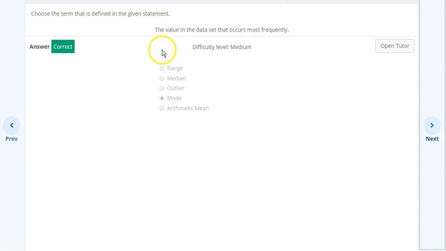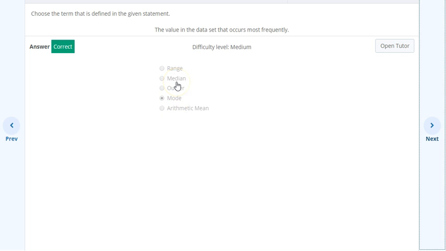Well, in this next one, the value in the data set that occurs most frequently. What word describes that? Well, we just said it was the mode. Now the range, let's do a review, is your highest value of data, and you subtract the lowest value of data. That will give you the range.